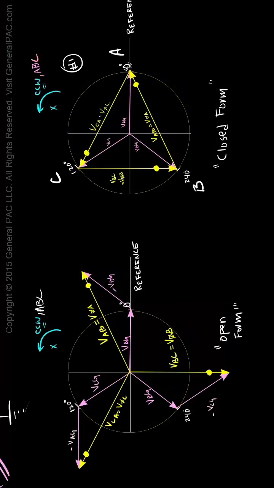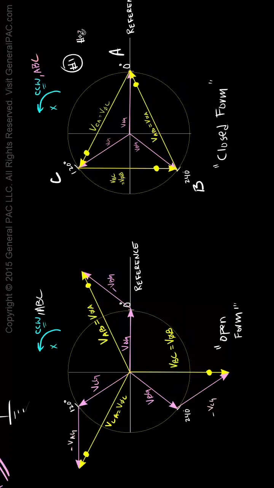So the triangle actually represents the line-to-line voltage of the delta transformer connection here, and is also equal to the winding voltage. But our line-to-ground voltages are these inner phasors here. And that's one of the problems of this closed form, that it makes us think differently when we first look at it visually.